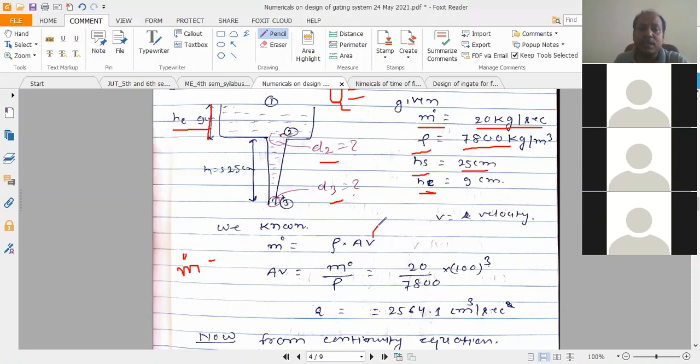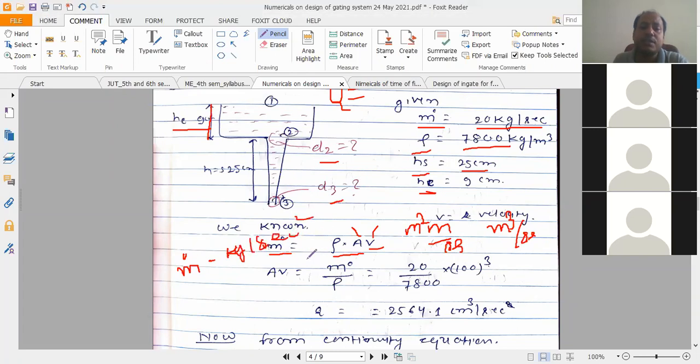If this one is the velocity and this one is the area, then the dimension of area is meter squared and the dimension of velocity is meter per second. So this one is equal to meter cube per second. And when we multiply by the density, it will be equal to the mass flow rate, which is kg per second.